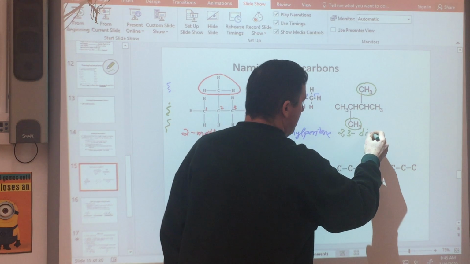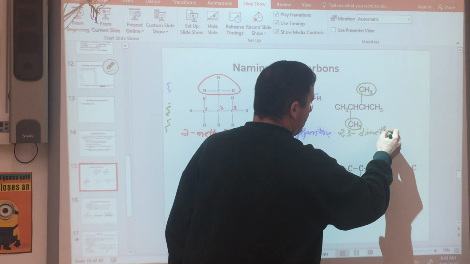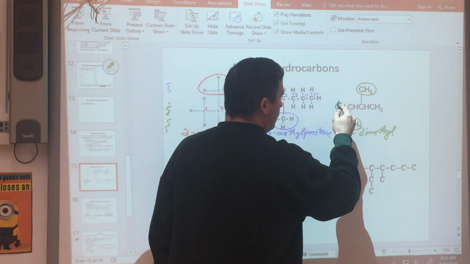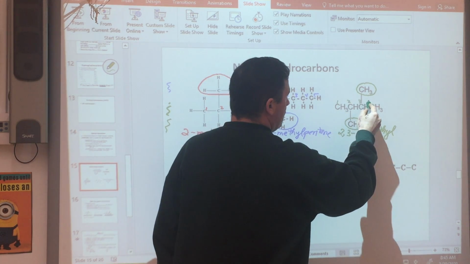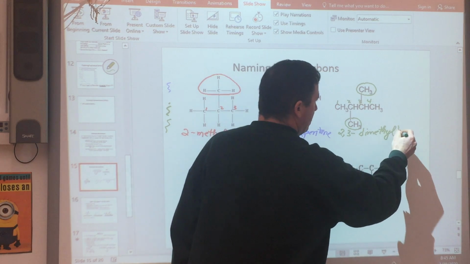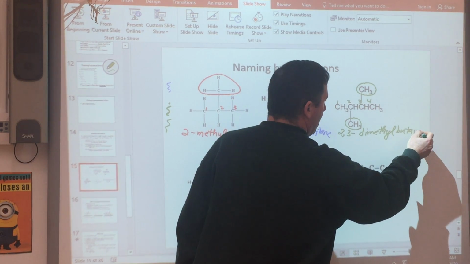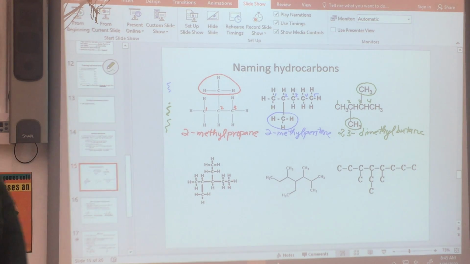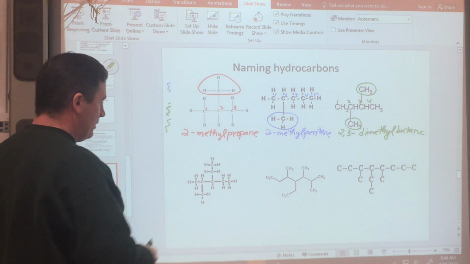What are they? Methyl. And what's my longest? 1, 2, 3, 4, and that's butane. 2,3-dimethylbutane. All right, let's try this one down here.